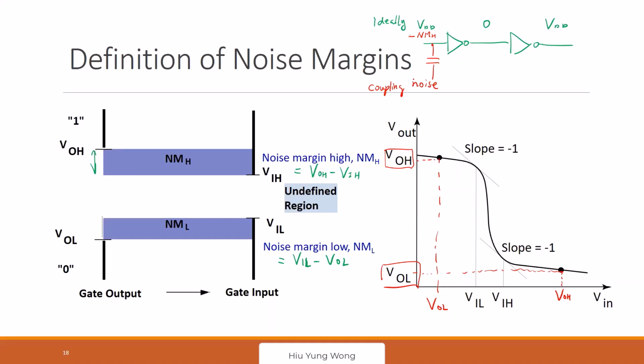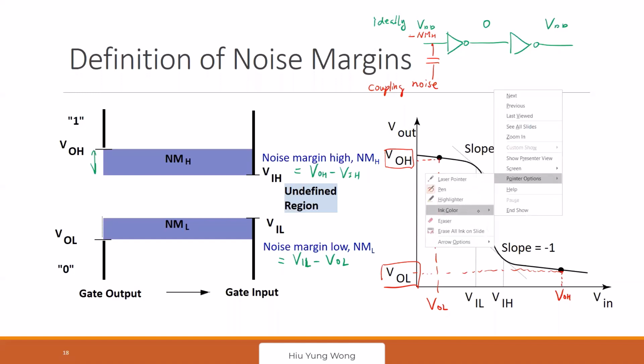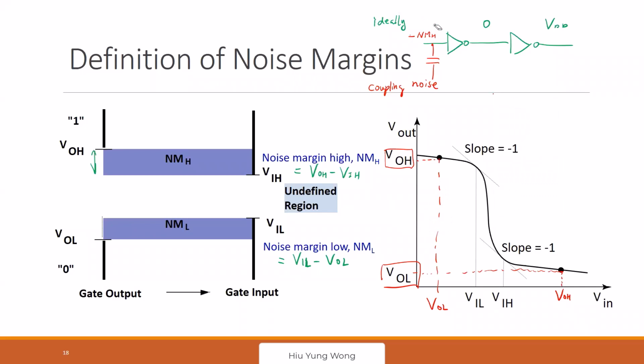Then let's look at this. Here I keep saying VDD because I assume it is CMOS, right? Let me be more specific. Call it VOH, VOL, VOH, right? So you see, I was trying to input VOH.